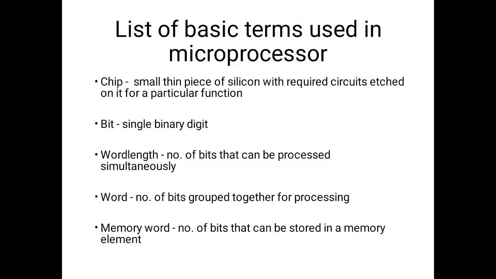The number of bits that a digital computer can process in parallel at a time is called its word length.